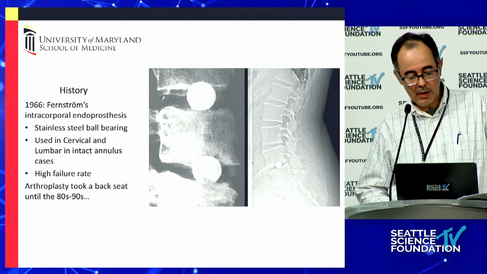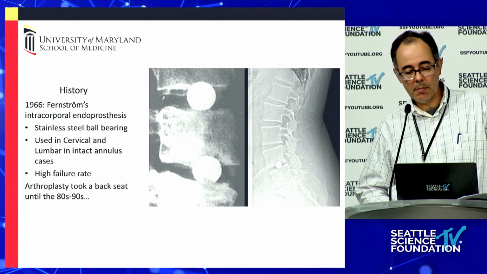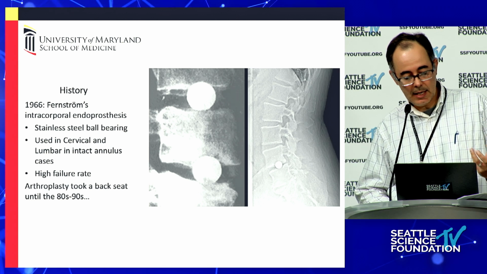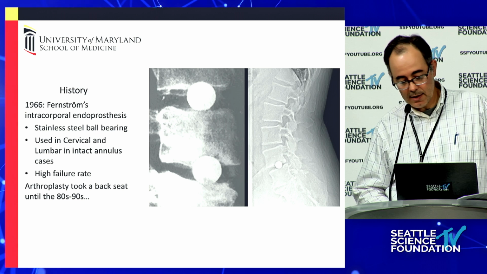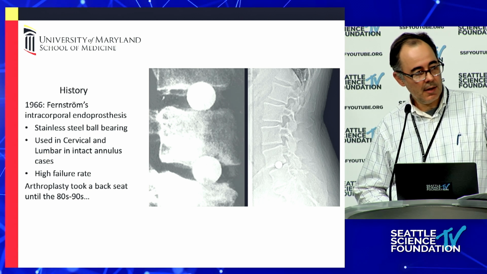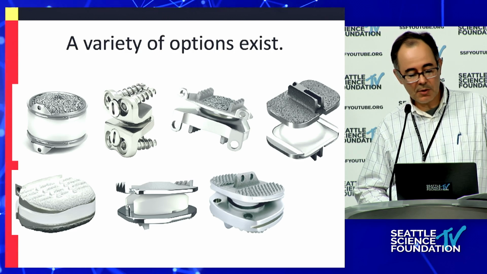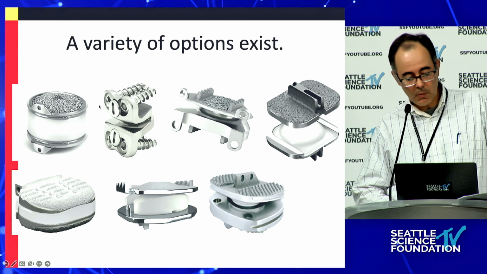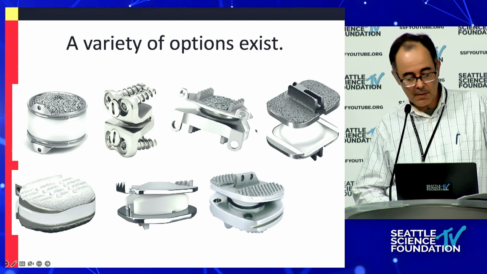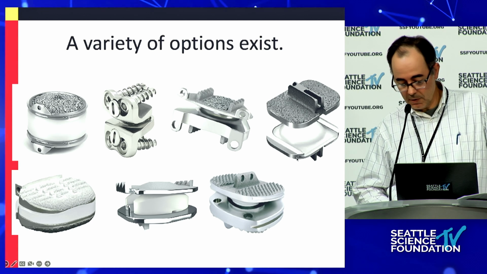And we can see we still maintain some of that concept, the ball and the ability to rotate and flex and extend. That geometry still is maintained in our arthroplasty options today. You can see right here, that's essentially a ball and socket joint for a lot of these devices. So not too dissimilar from the Fernstrom ball.